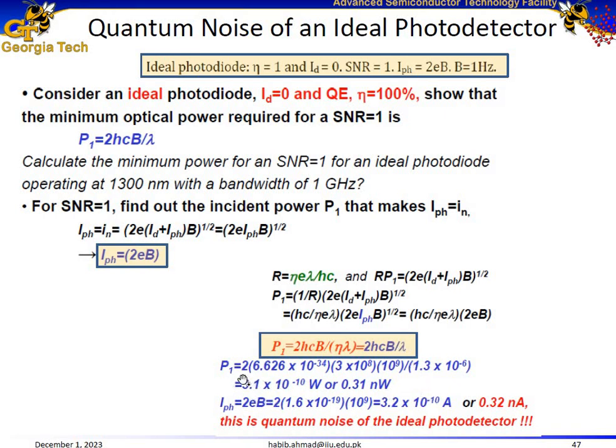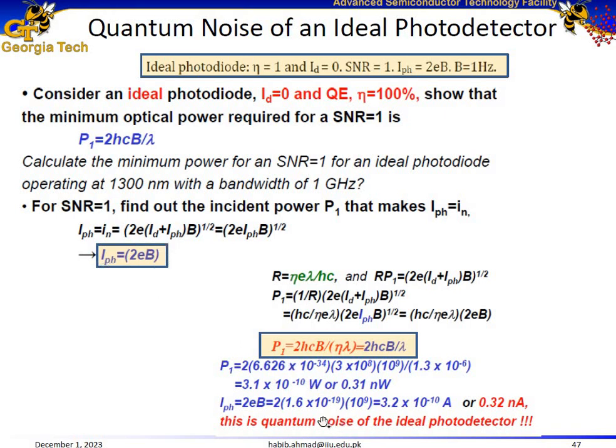Insert all the values, and the minimum optical power required for an SNR equal to 1 for this example is 0.31 nanowatt. So this is the power corresponding to the noise power, or the minimum optical power required for the photodetector to operate. And then we can determine the photocurrent as well.